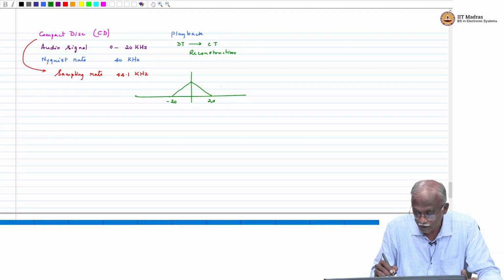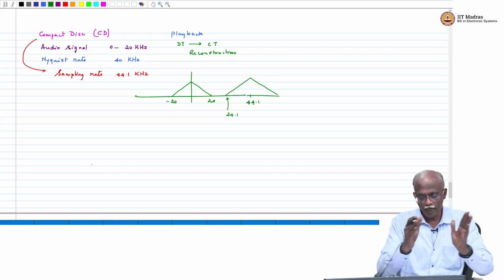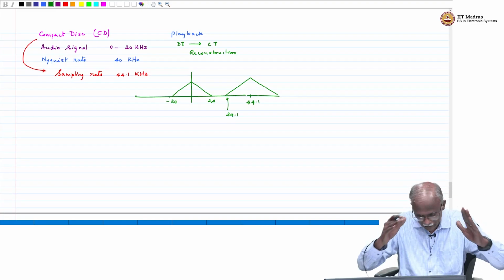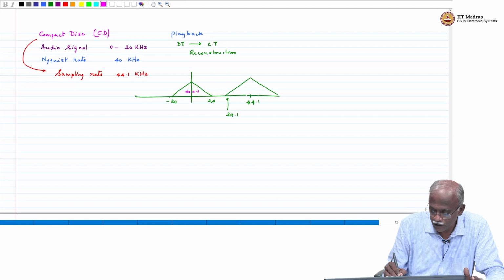The first copy of the signal will be centered at 44.1, and these are all in kilohertz, so this frequency will be 24.1. So there is approximately 4.1 kilohertz between the signal that you want to keep. This is the m equal to 0 copy of the spectrum, this is m equal to 1.